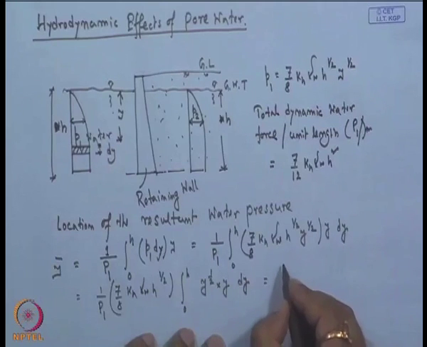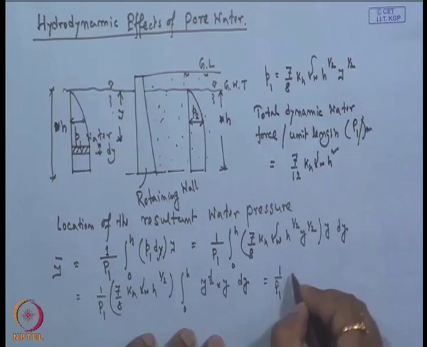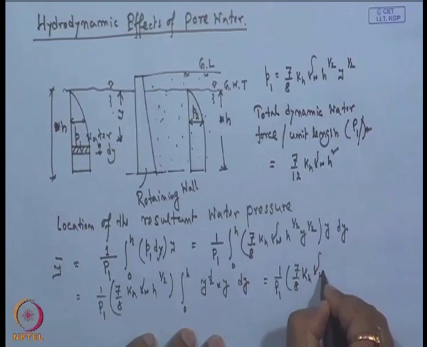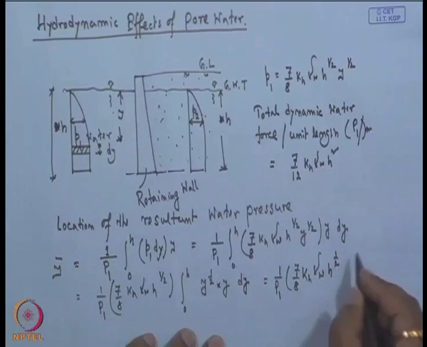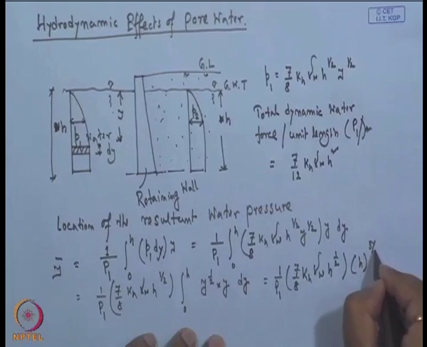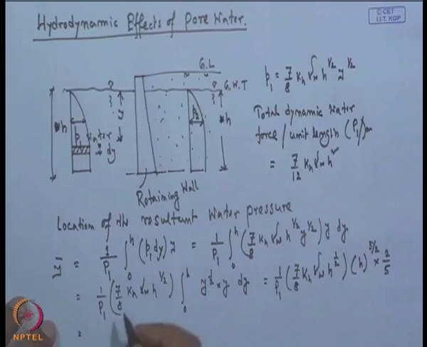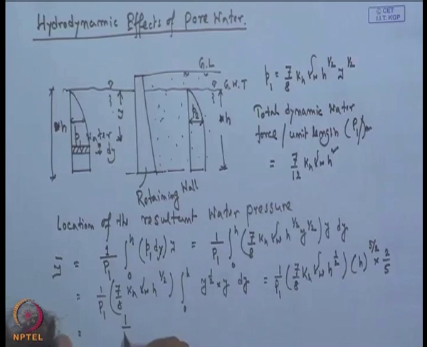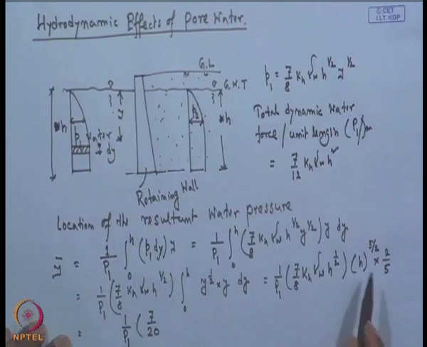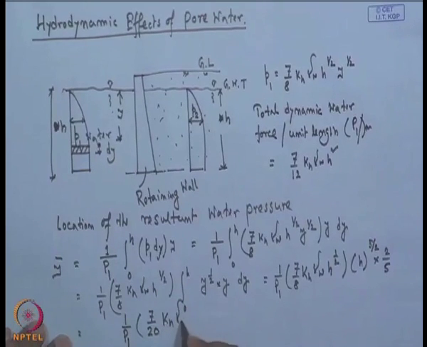After the integration, we will get 1 by P1 into 7 by 8 kh gamma w h to the power half into small h to the power 5 by 2 into 2 by 5. And we will get 1 by P1 into 7 by 20, so this will be 7 by 20 kh gamma w h cube.